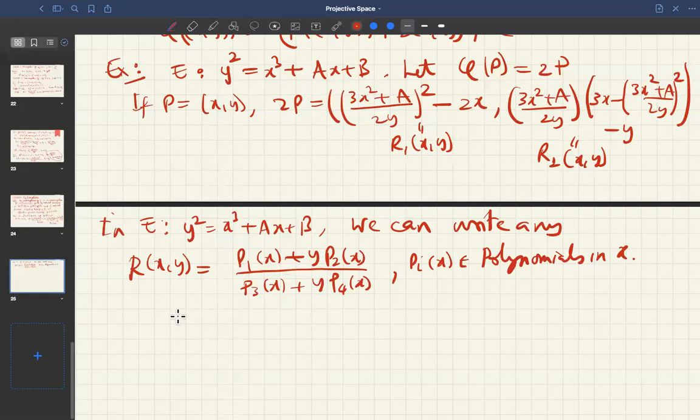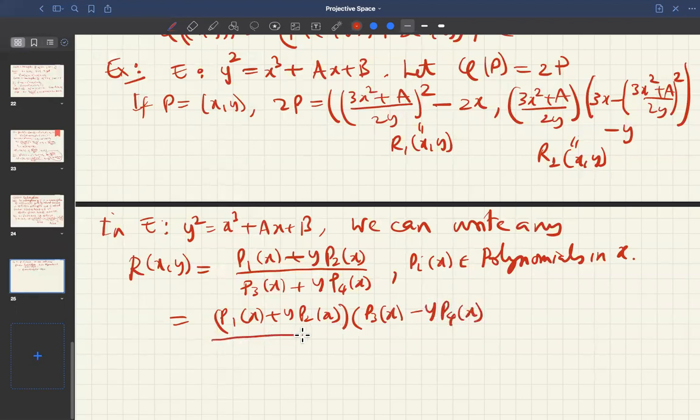You can even rationalize this. This one you can rationalize by writing p1(x) plus y p2(x) times p3(x) minus y p4(x), over p3 square(x) minus y square p4 square(x). Now y square you can just put in this form.